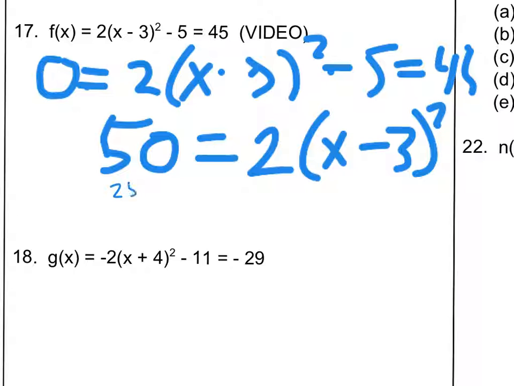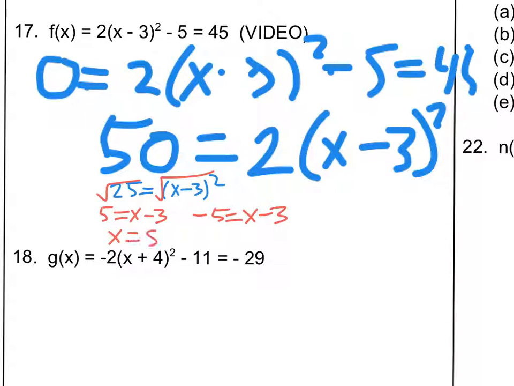That means that 25 is equal to x minus 3 squared. When I take the square root of both sides, we end up with 5 is equal to x minus 3, and negative 5 is equal to x minus 3. That means that x is equal to 8, and x is equal to negative 2.